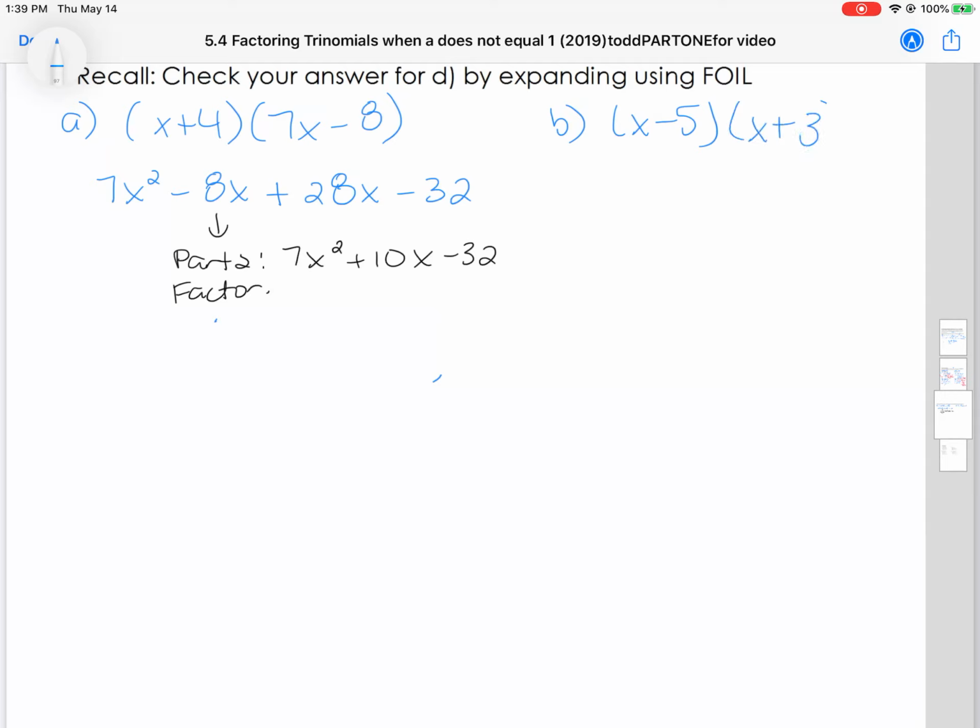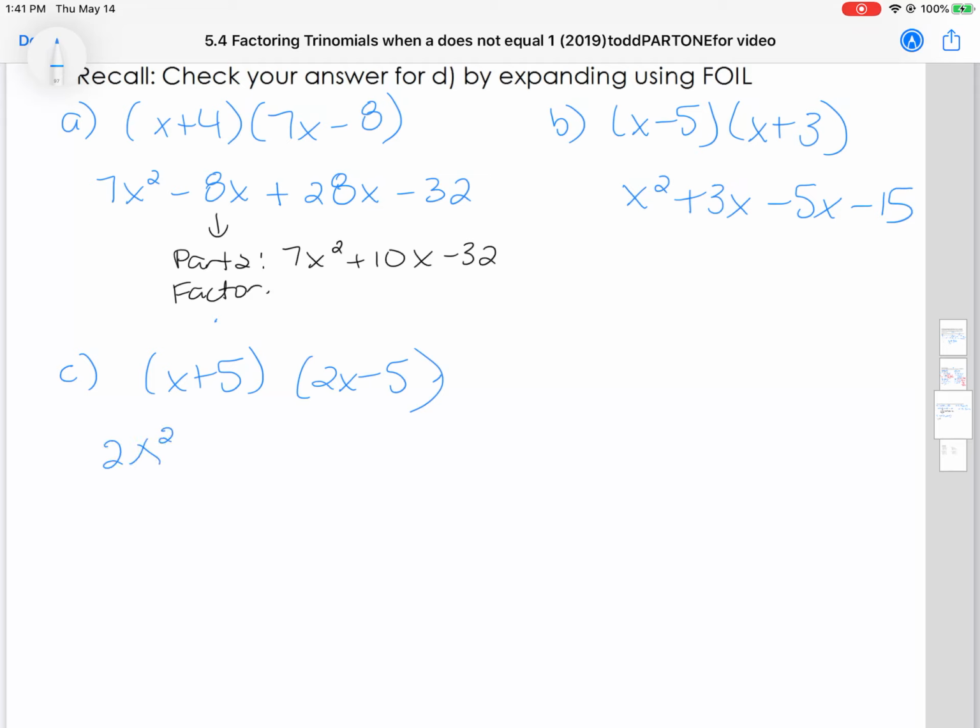X minus 5, x plus 3. First, outside, inside, last. So again, we're good. Not in the order of the terms, but that doesn't matter. We can switch it. First, outside, I feel like an eye doctor.